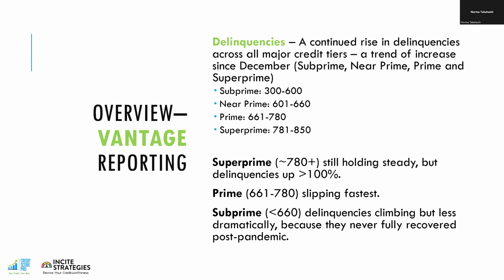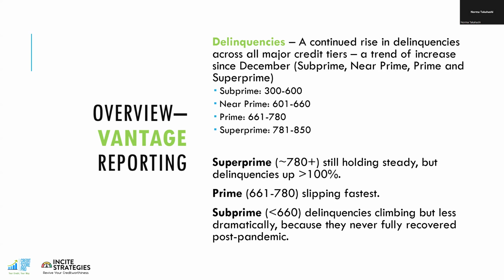We're seeing this divergence. The people in that super prime category, the super awesome credit scores, are maintaining strong scores, but we're seeing a big increase in delinquencies. And the people in the prime score range of 661 to 780, we're seeing them slip the fastest when it comes to delinquency and scores.